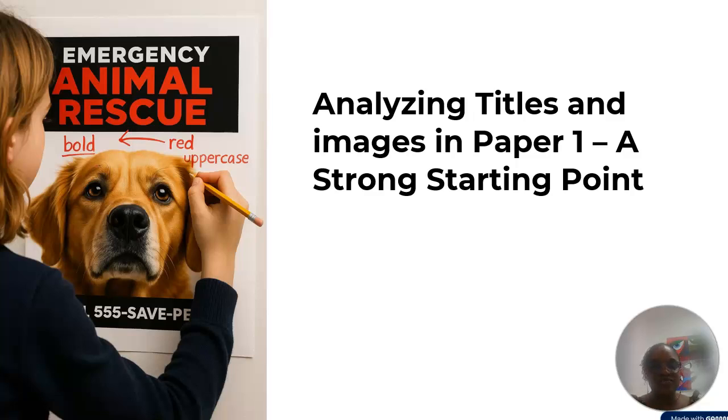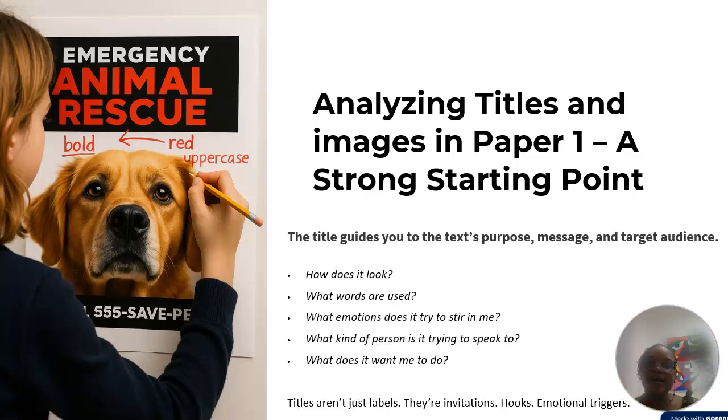In short, it is rich, it is short, and it sets the tone for everything else. So practice this technique. Even if you're not stuck, start by analyzing the title, and you'll have a strong, fast paragraph every time. The title guides you to the text's purpose, message, and target audience.